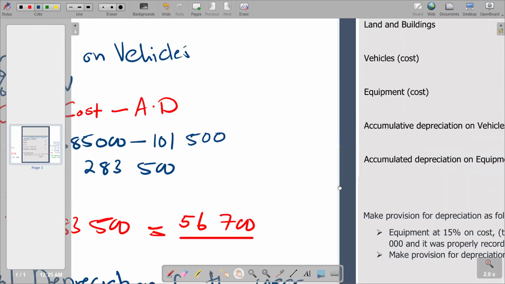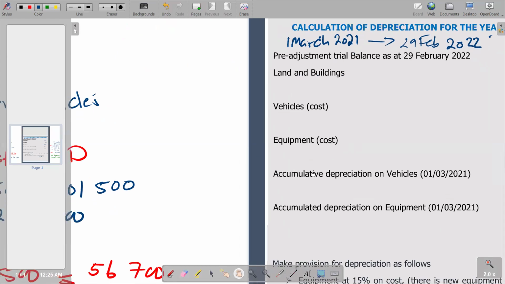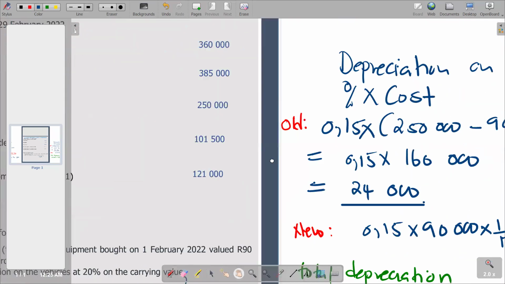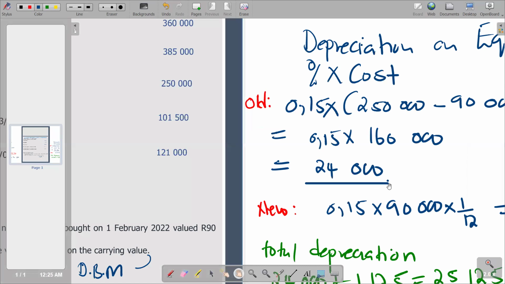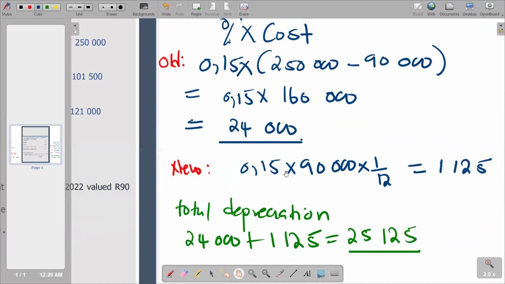For the year, we are now adding the depreciation amounts that we got here. We got 24,000 for old, and then we got 1,125 for new. We added the two, we got 25,125 representing total depreciation for equipment.